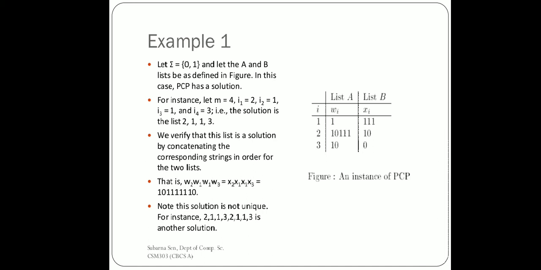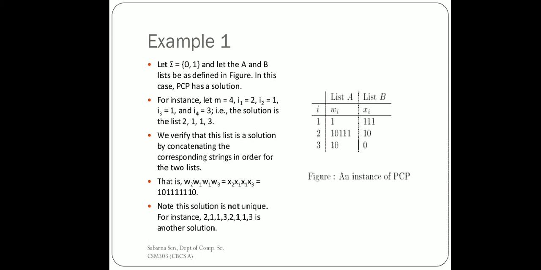Say if you are choosing I1 equal to 1, then you have to start with W1 and X1. We have chosen this pattern because for this pattern the solution exists. You can try with other patterns, their solution may exist, may not exist.